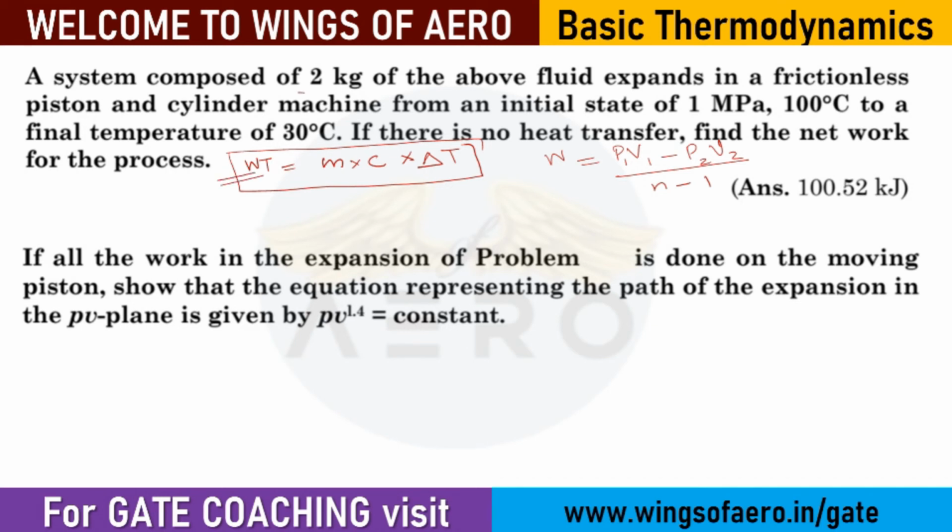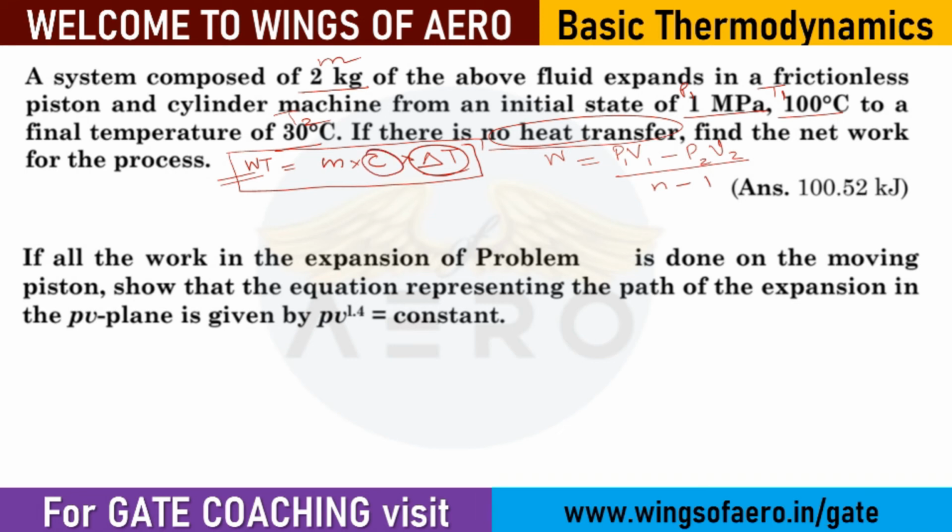The mass has been given, initial pressure P1 is given, initial temperature, then final temperature T2 is given, no heat transfer, then what will be the work done? So you can find out the change in temperature.